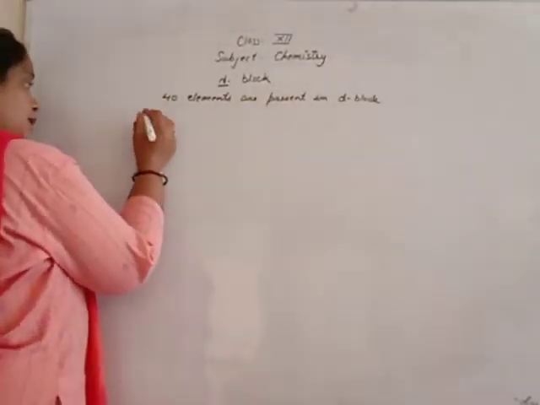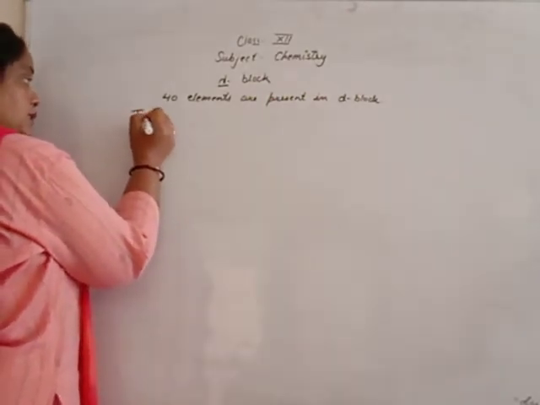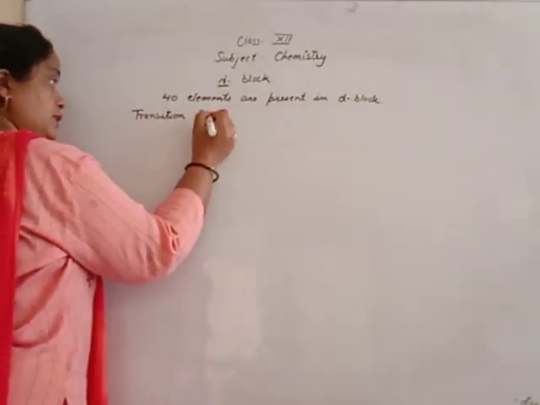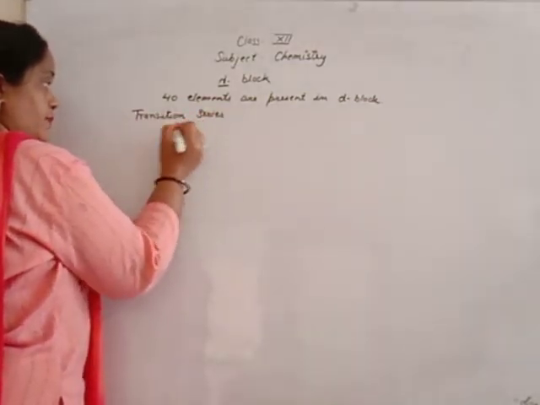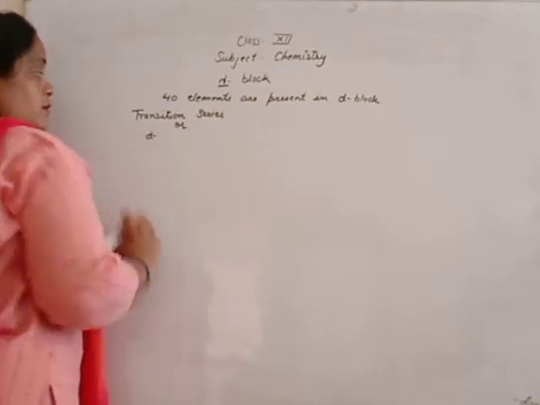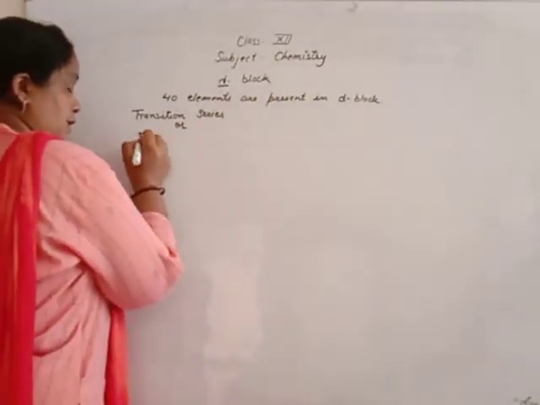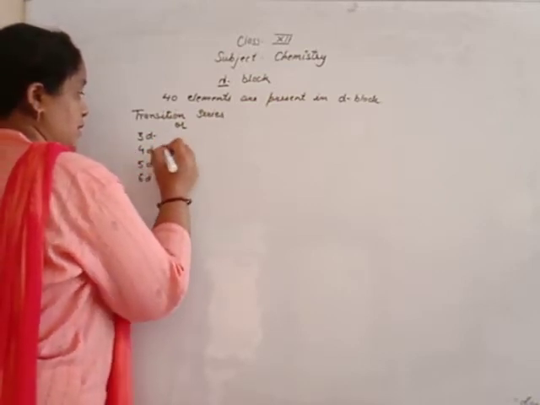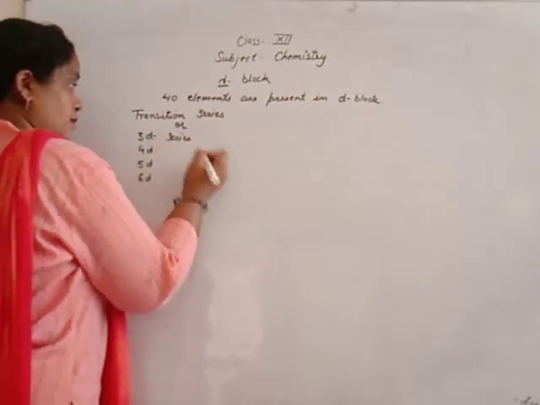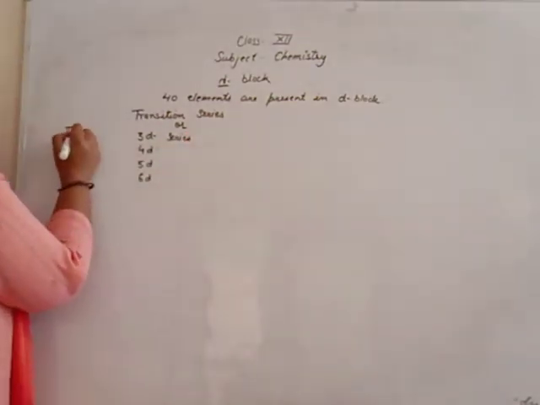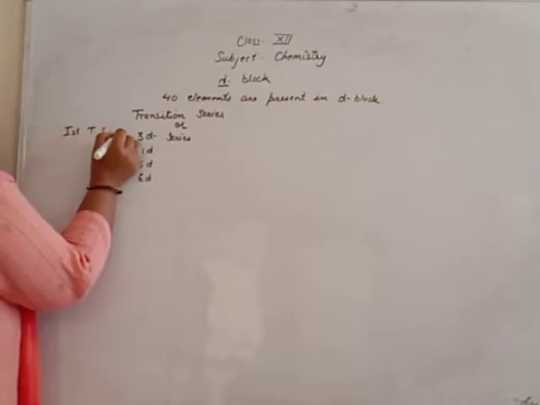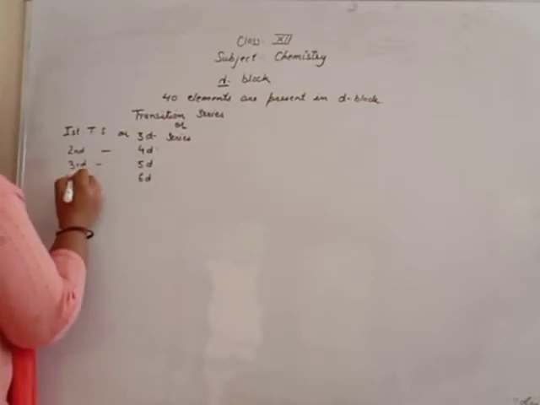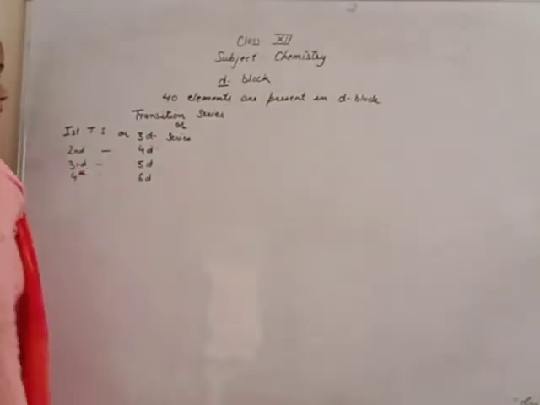Beta, in 4 series. These series are known as transition series, or 3d, 4d, 5d or 6d series. Or you can say first transition series, second transition series, third transition series and fourth transition series.